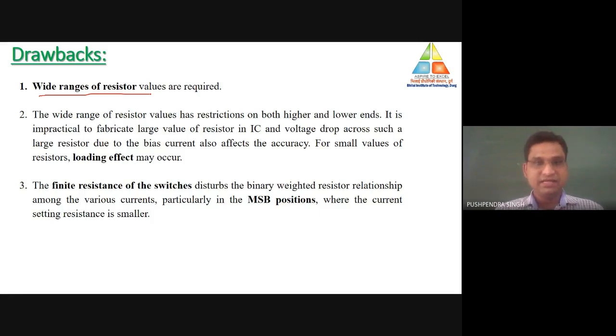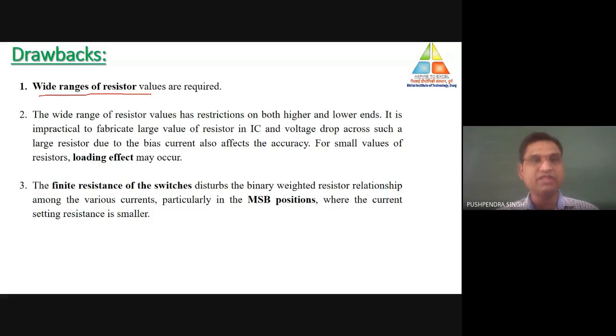It will create a problem for the fabrication of the IC also, and for the designing of the final circuit. That's why in general, when the number of bits is more than 8, we do not use the binary weighted resistor type DAC. In place of that, we use either R2R or inverted R2R.